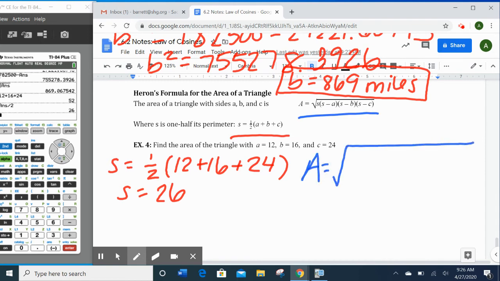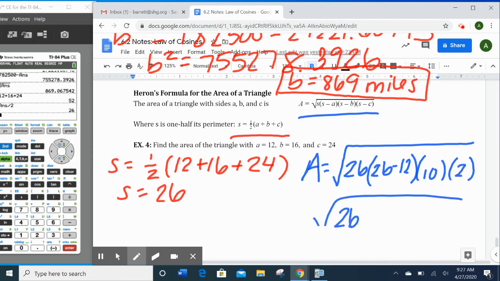Okay, so now I'm going to use this formula to find the area. I'm going to take the square root of S, which is 26, times S minus A, so 26 minus 12, times S minus B, so 26 minus 16. Let's go ahead and start simplifying. And then S minus C is 26 minus 24, which is 2.